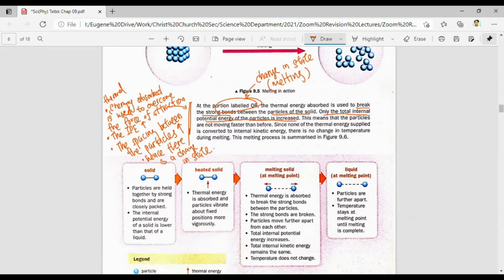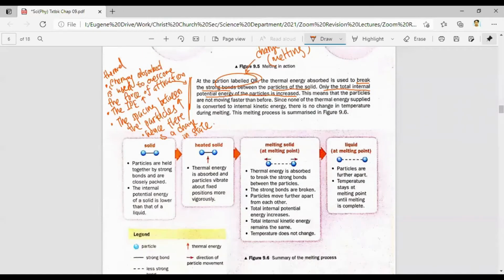This causes the internal potential energy to increase. And what exactly happens when the internal potential energy increases? It causes the spacing between the particles to increase. And as such, there's a change in state. So 4 main points here to describe the process of melting. Whatever that I mentioned there is actually highlighted here.